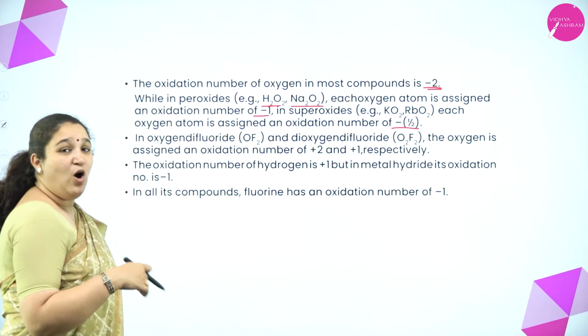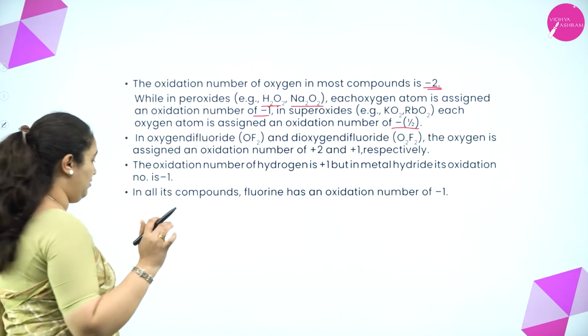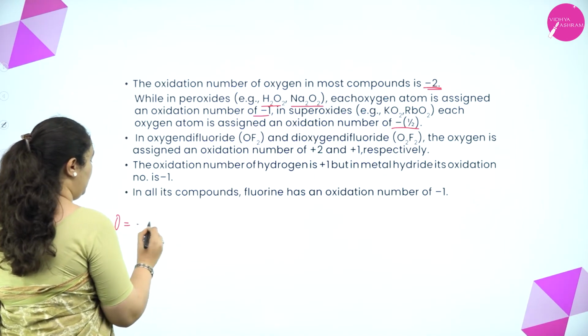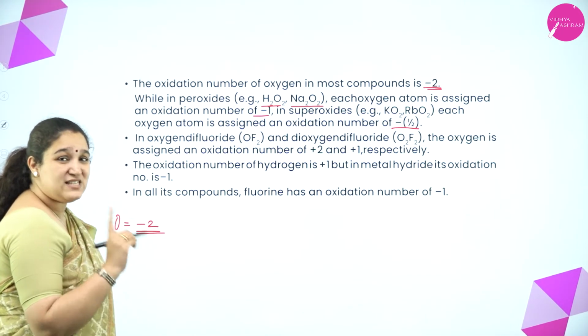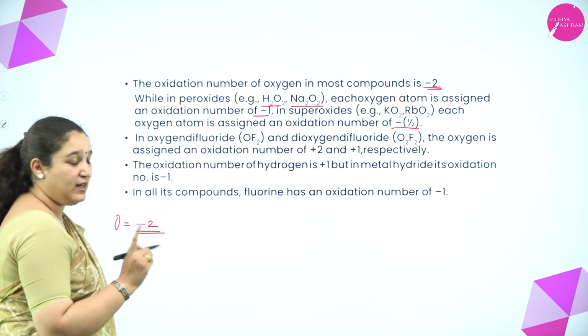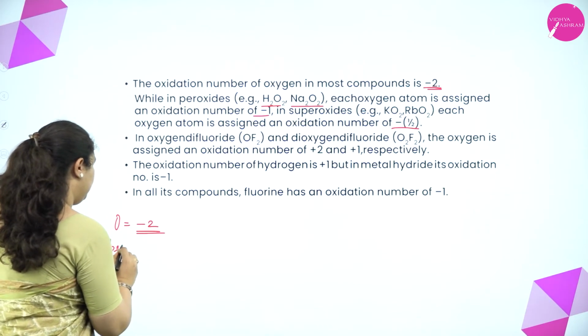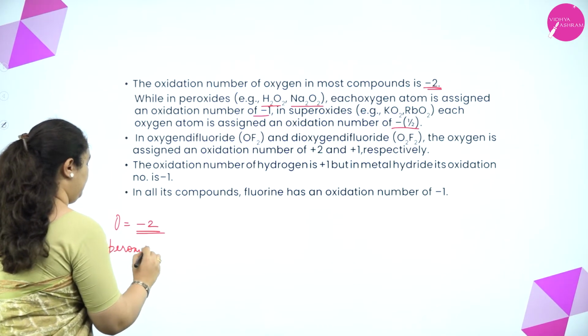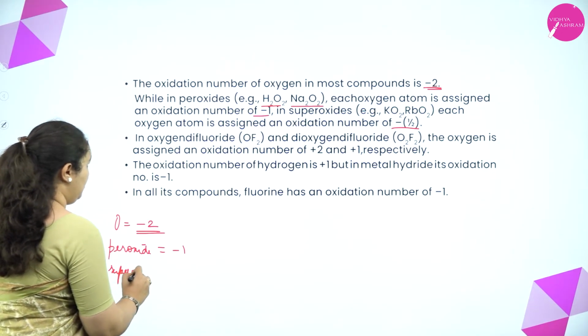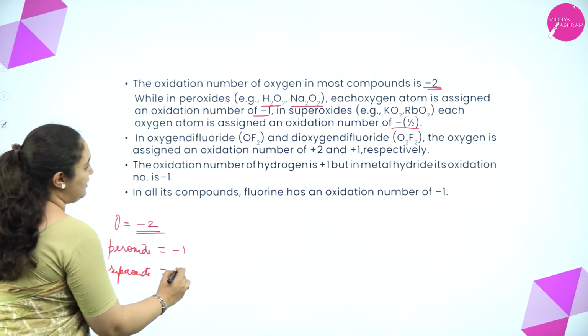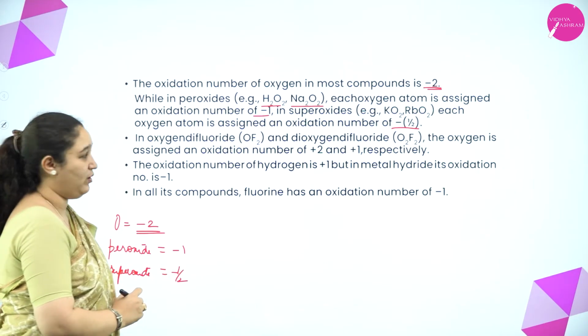So remember, in all oxides, oxygen has the oxidation number -2 except in peroxides, where it is -1, and superoxides, where it is -0.5.